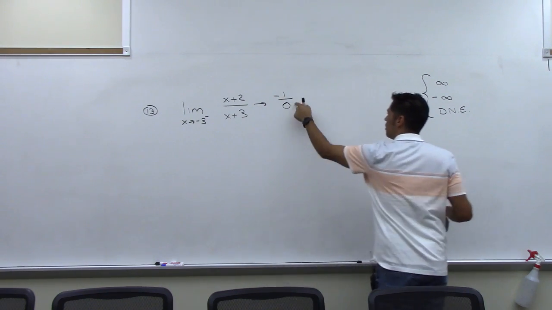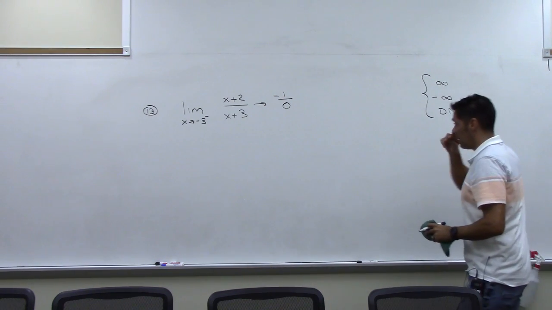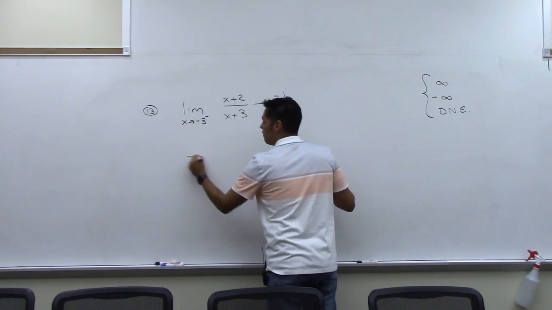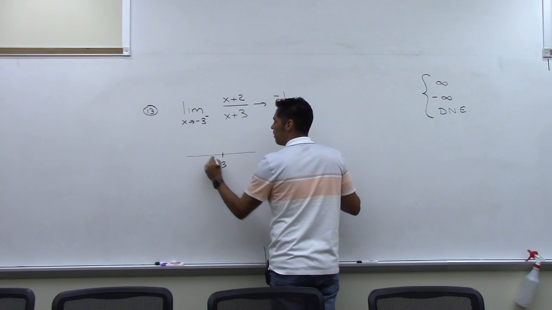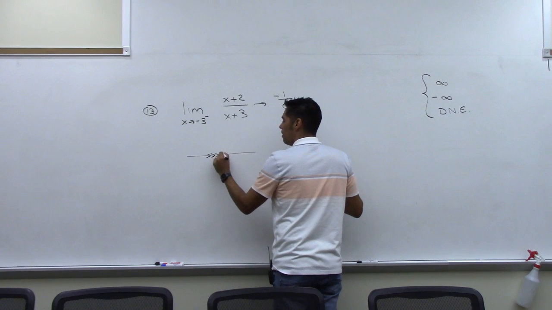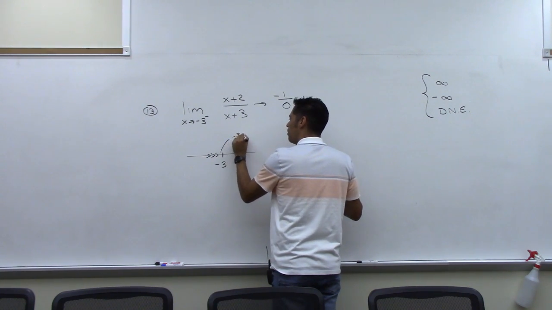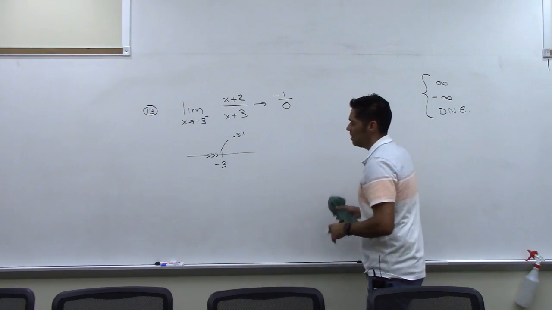This is a fixed number over 0, so we know it's one of these answers. And we draw a number line, and this time we're approaching negative 3 from the left-hand side. So I pick a number in here, something like negative 3.1, and I ask myself what happens.